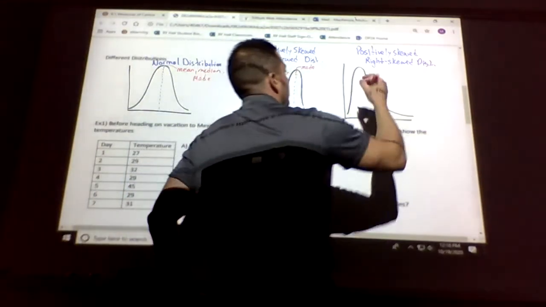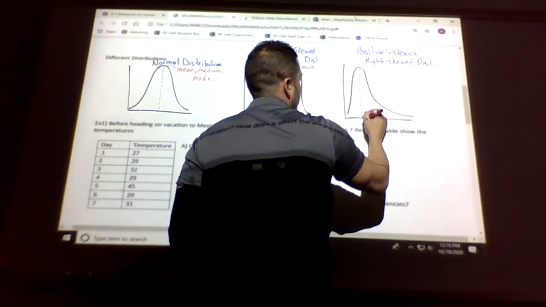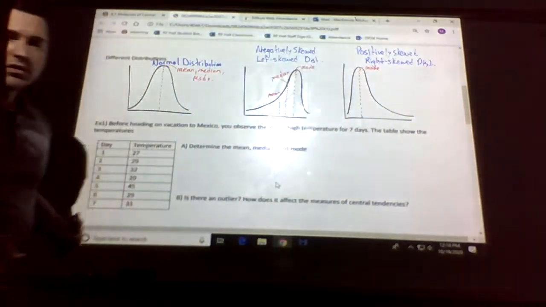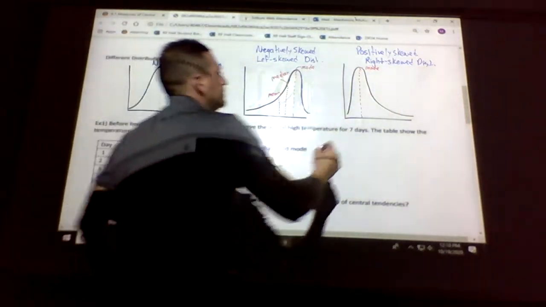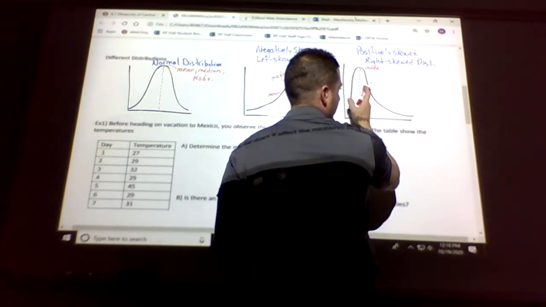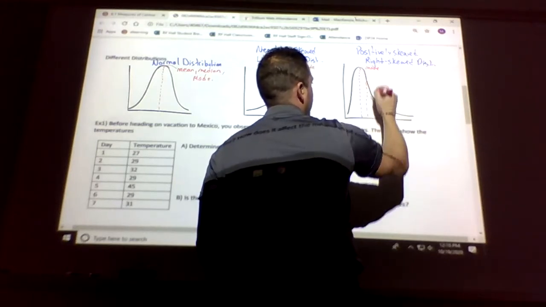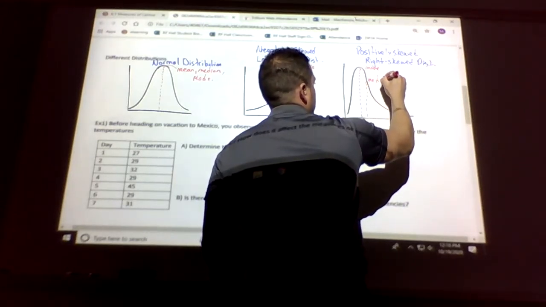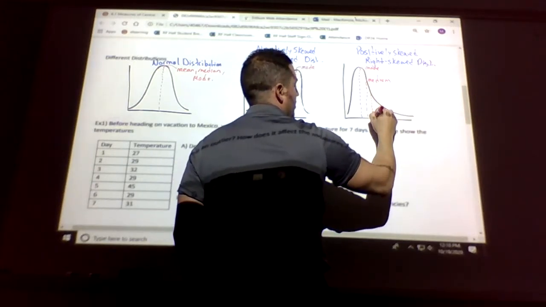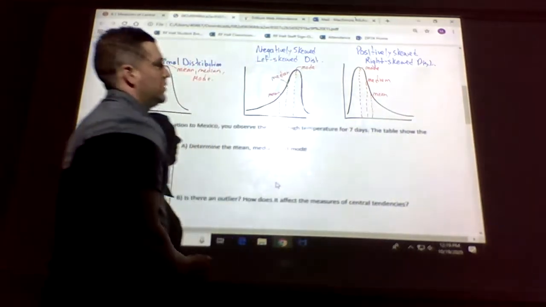Likewise with right skewed, you could have a bunch of students here. This would be the mode. The highest point is always the mode, which means the most entries. Then we have a bunch here, but there are so many entries going in a positive direction that our median moves toward the tail, and then our average gets brought up by these high entries.